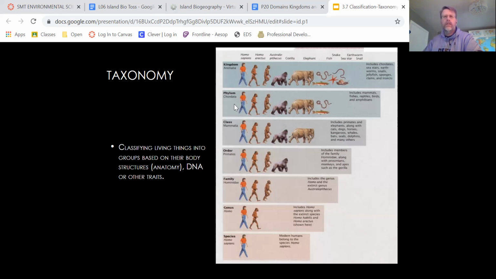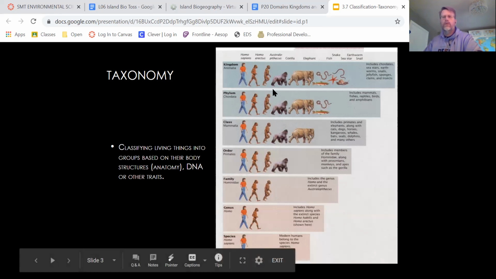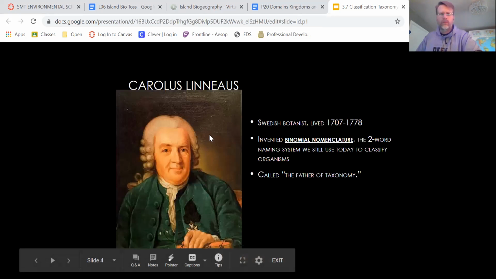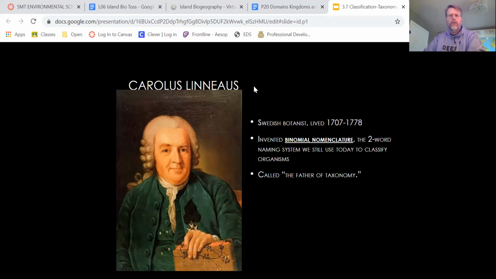Okay, so we're going to see the same process over and over again as we go from all living things down to animals, and then farther and farther, more detailed, till we get down to one species. This process was brought to us most notably from one scientist, Linnaeus, from Sweden in the 1700s, who came up with the phrase binomial nomenclature.